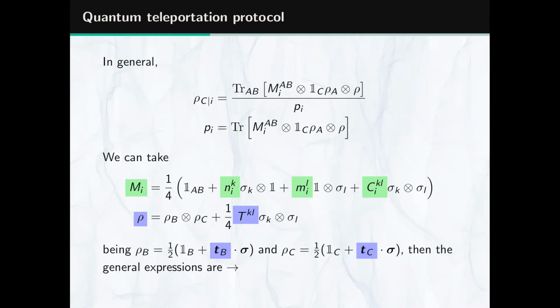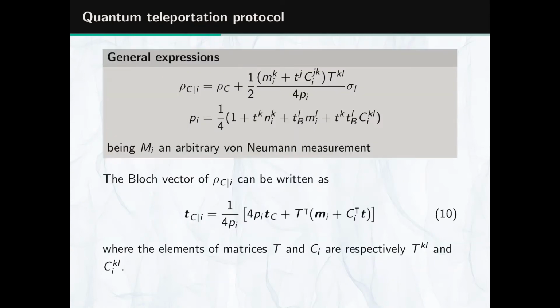And then you take this state as a resource. Then the conditional states of your protocol, before applying the unitaries, are given by, and here I forgot the summation. Well, here we have the conditional state that is given by these marginal states, and this is the Bloch vector.